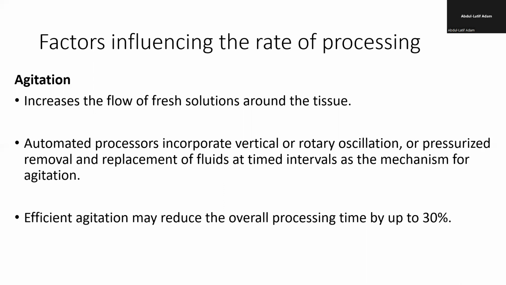Agitation happens in the tissue, where the tissue is. If it's the carousel one, it is the cassette basket that contains the tissue that moves around. But the other one, the self-contained one, is the fluid that moves, the fluid in the fluid.